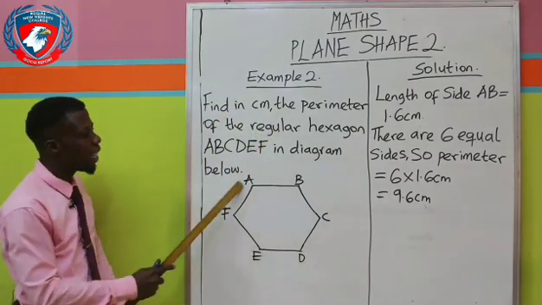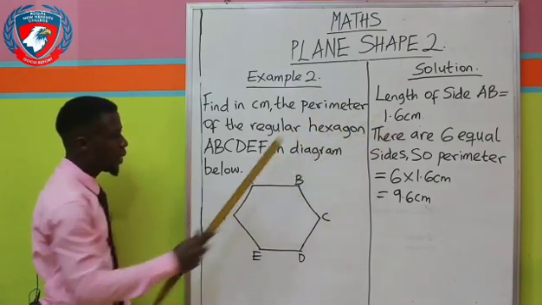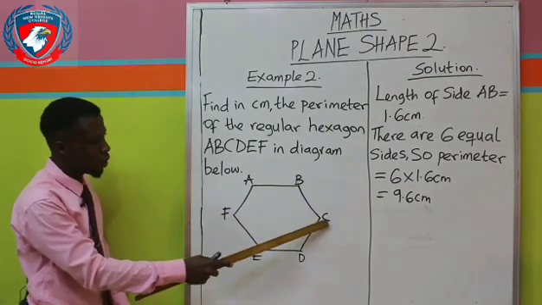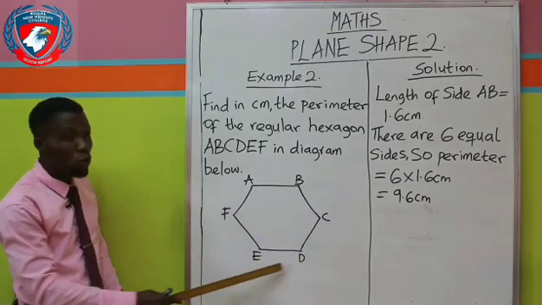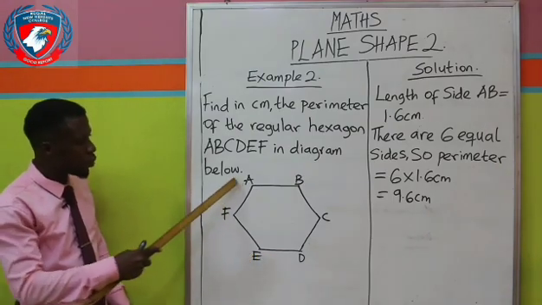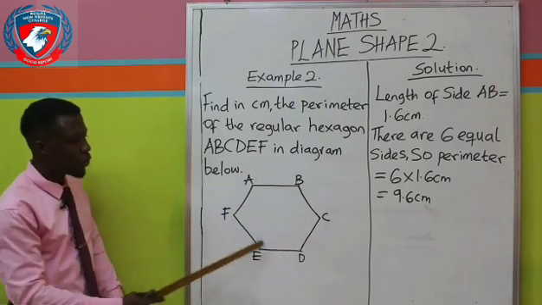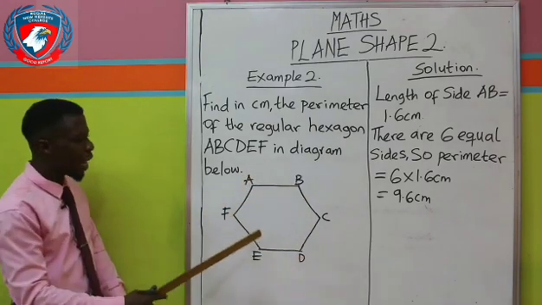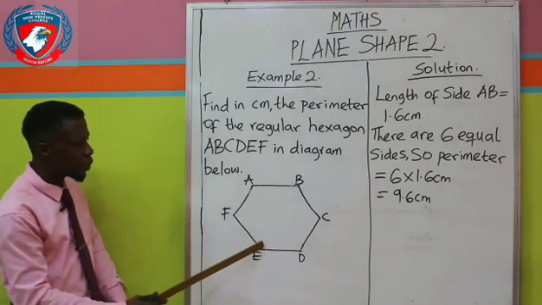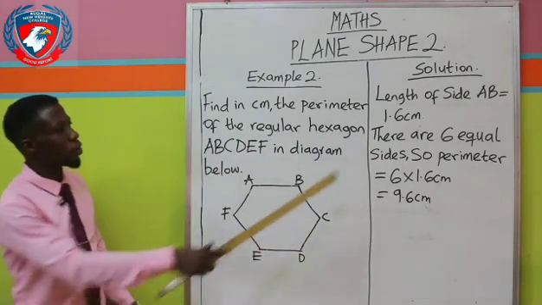The length of side AB is 1.6 centimeters, meaning A to B is 1.6, B to C is 1.6, C to D is 1.6, D to E is 1.6, E to F is 1.6, down to A to F. I have 1, 2, 3, 4, 5, 6 sides, and I have 6 angles, making up a hexagon.